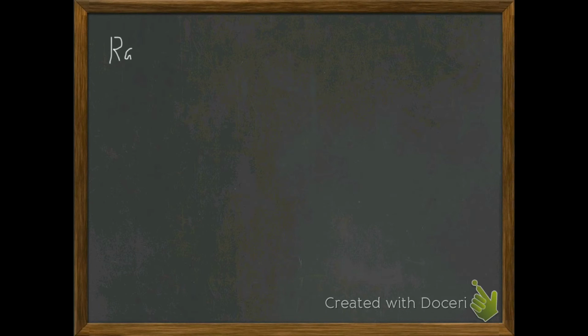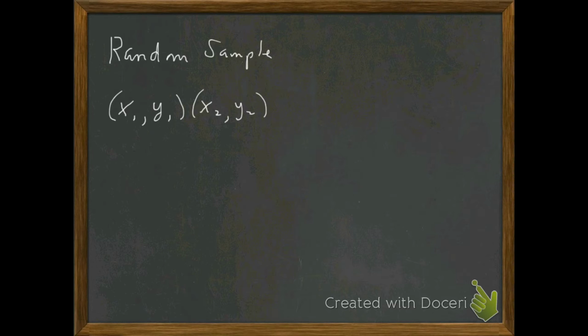So we're going to take a random sample, and so we're going to have ordered pairs. And we'll assume that in general we are collecting n ordered pairs.